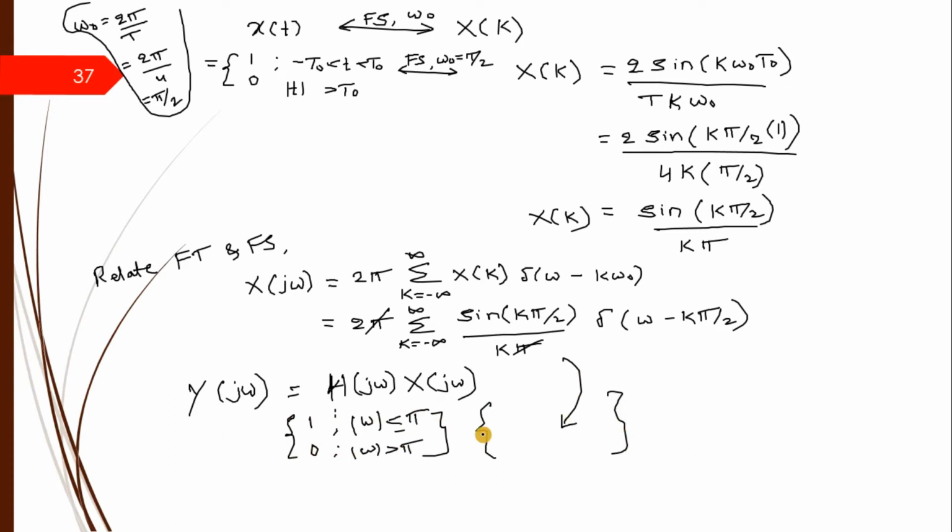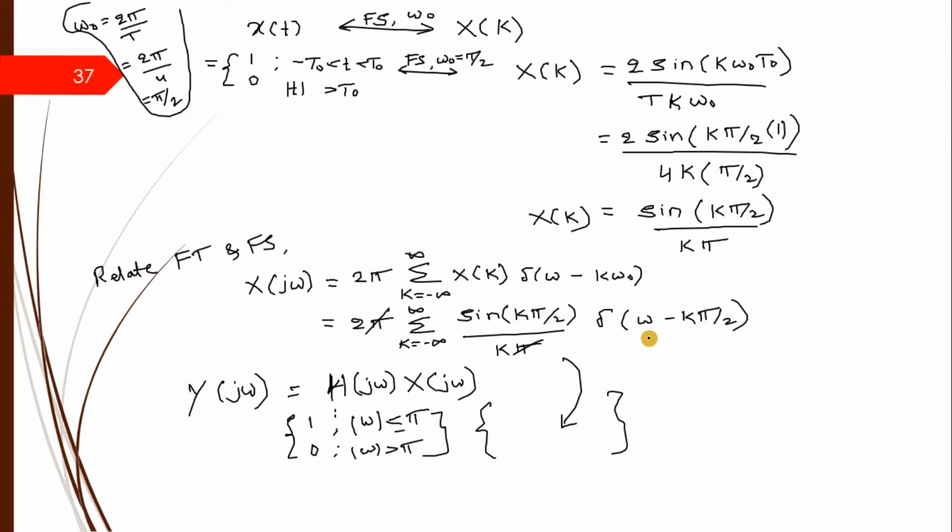Now, what you should decode from it is, if I substitute k's value, say k equal to 0, you have to substitute such that omega should not exceed the period.